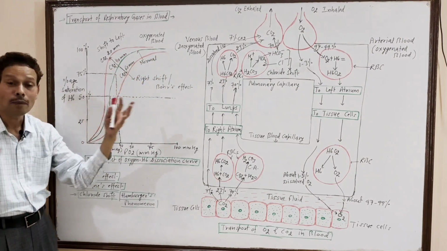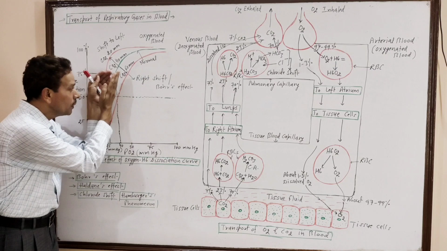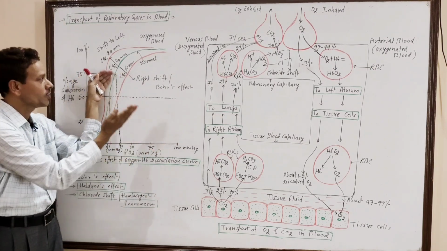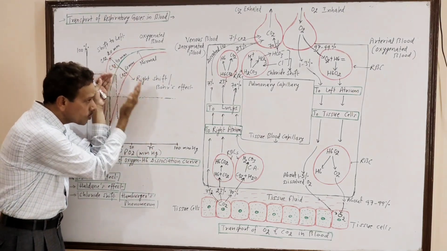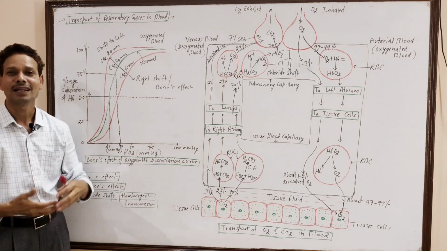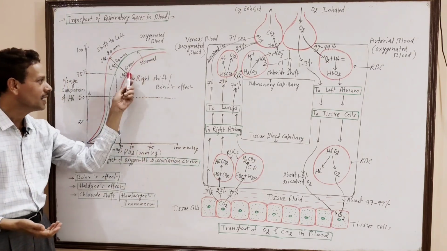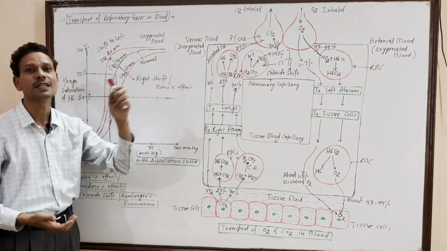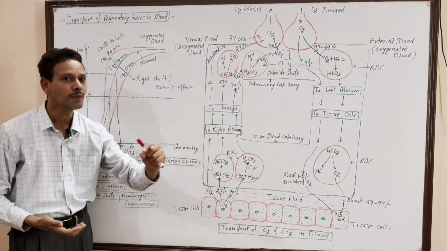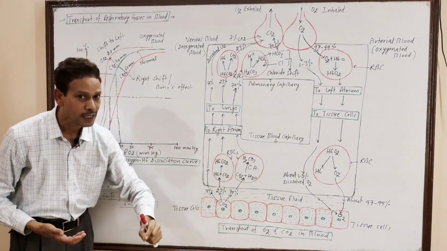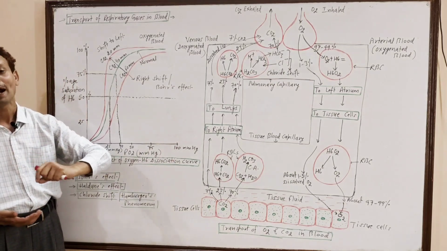In body tissues, due to increase in CO2 concentration, this curve shifts to the right. It is right shift. This right shift is Bohr's effect, which helps in the dissociation of oxygen and binding of CO2.